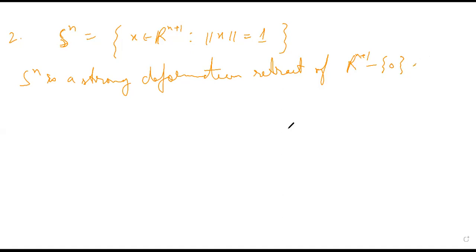If you remove the origin 0 from Rn plus 1, then Sn is a deformation retract of it.